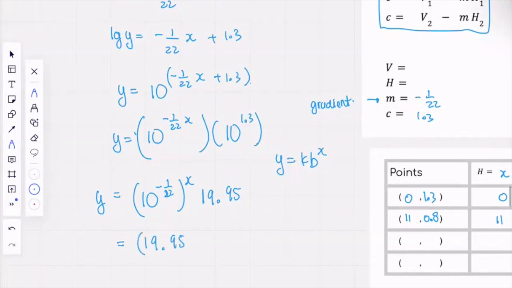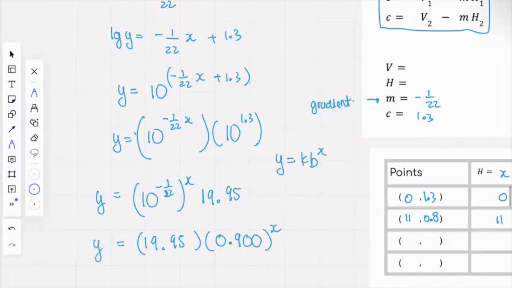And 10 power negative 1 over 22, we can just use the calculator, 0.900, power x.